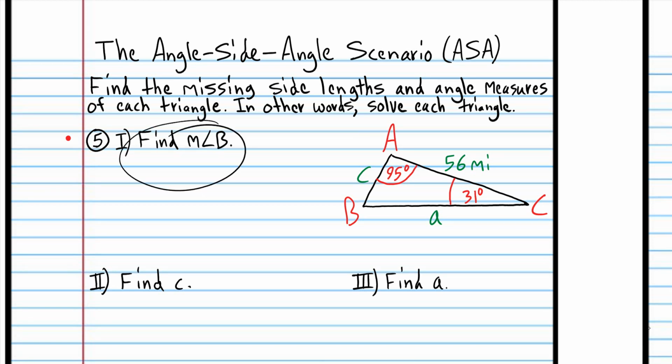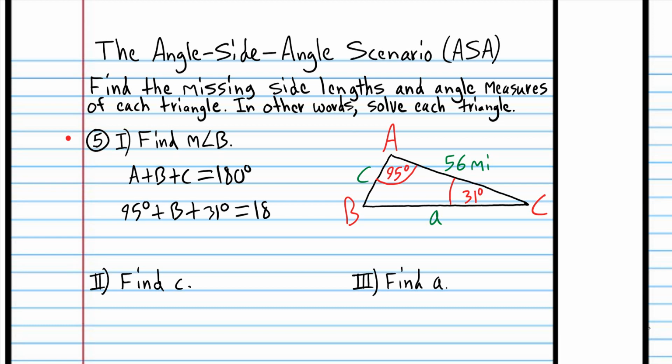We just find the missing angle measure, because we already know the measure of two angles. So we know the measure of angle A and the measure of angle C. And so the measure of angle B is 54 degrees.